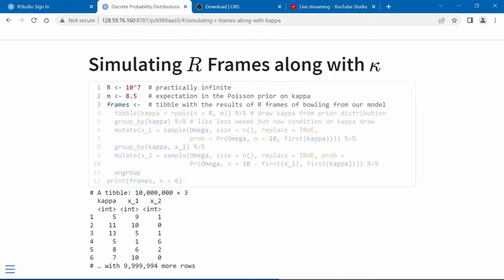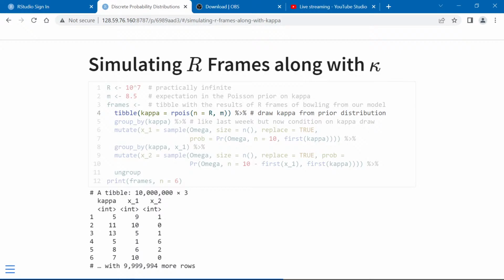And then I'm going to use the following dplyr construction to create a tibble that has the results of R frames of bowling under our model, although our model has now been expanded to include kappa in it. So the first thing I'm going to do is draw kappa from its prior, which I said was Poisson, because that's the only probability distribution we've learned so far for an unbounded count. And I can do that using the built-in R function rpois, which again follows the convention for probability distributions.